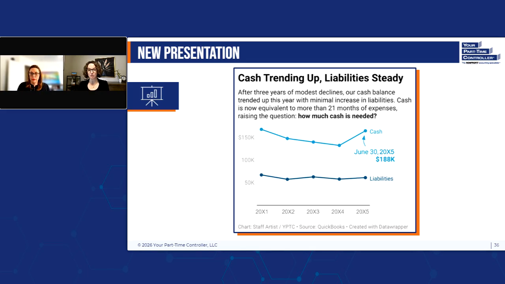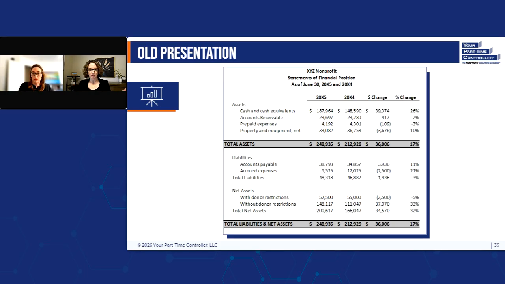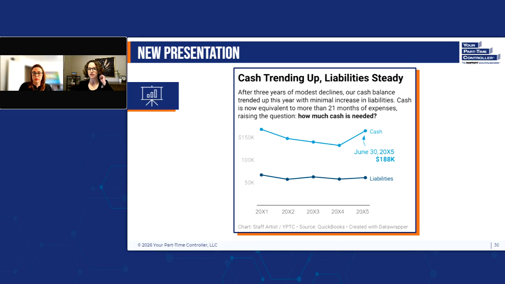Do we have an investment policy? What could that look like for the board and for the organization, as opposed to, oh, okay, I see this, going back to the statement of financial position, our cash is going up. That seems good. And then you're just moving on, as opposed to really addressing the issue at hand, that you might have so much cash that you really should be having that cash work for you in some kind of safe investment option.